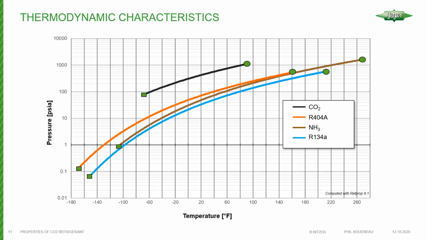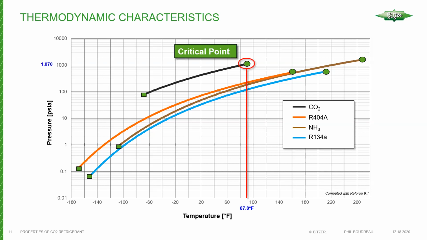So this slide compares CO2 to some other refrigerants, 404, ammonia, 134A. I just picked 3 other refrigerants to compare this with, and I pulled these properties out of RefProp. This is similar to a slide that I saw in some Danfoss literature a few years ago, and I like how it graphically shows the difference between CO2 and other refrigerants.